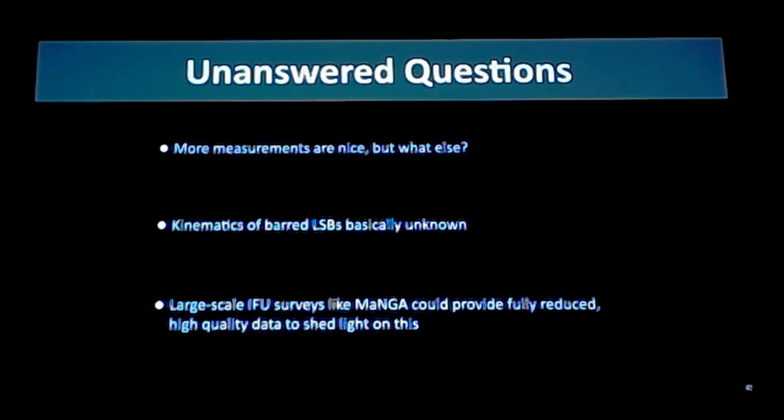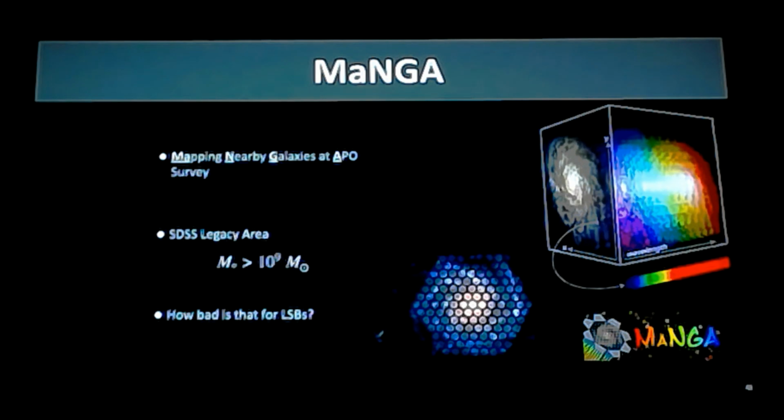So if we can use MaNGA, we could obtain pattern speed measurements for a large number of LSBs. MaNGA stands for Mapping Nearby Galaxies at APO survey. It's a very ambitious project, which is looking at the Sloan sky and obtaining thousands and thousands of IFU fields for all these galaxies.